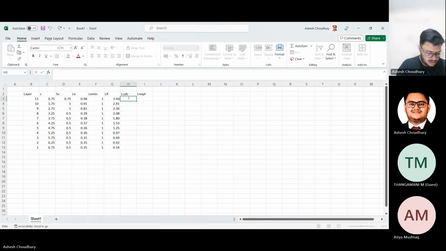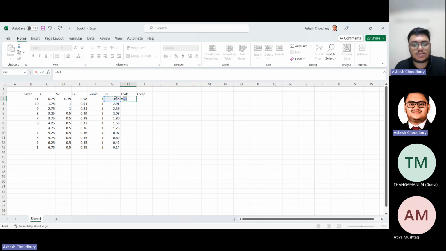Right. Well, calculated. So all LEs are less than LE minimum, right? All LEs are less than LE minimum, so we will be using LE minimum only. So I'll calculate it with this.